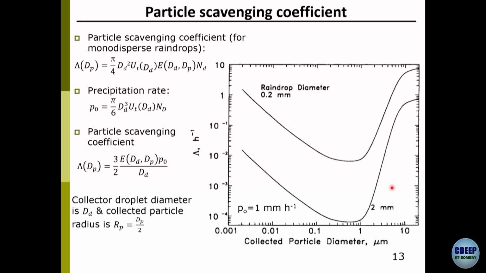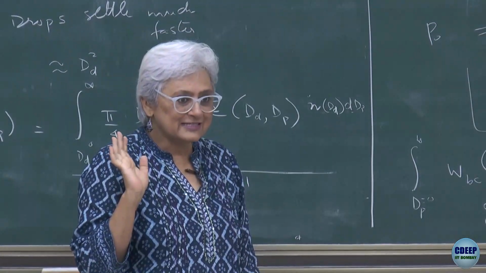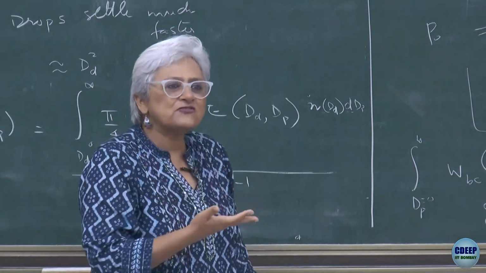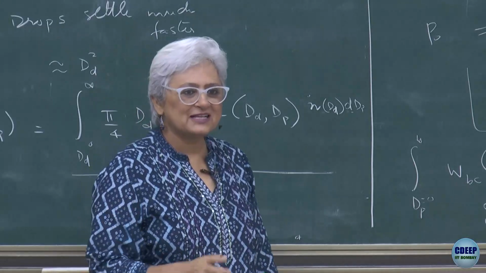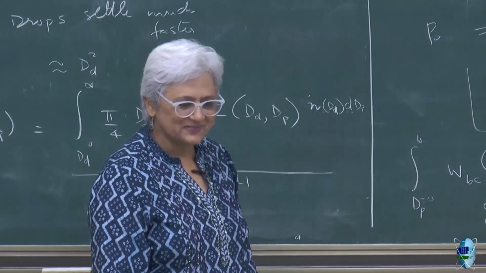While here it's applying to larger drops, it is many fewer drops, and therefore that separation kind of goes away. Per drop, each larger drop is going to collect a lot more big particles, right? But here you have so many fewer big drops, and that's what's making the change. Okay.